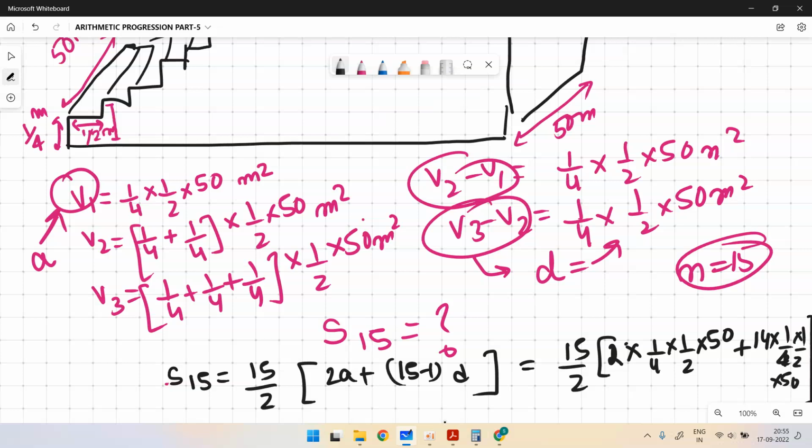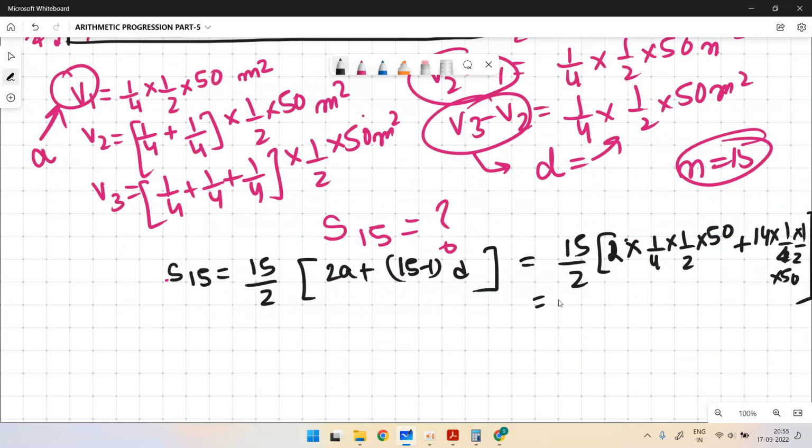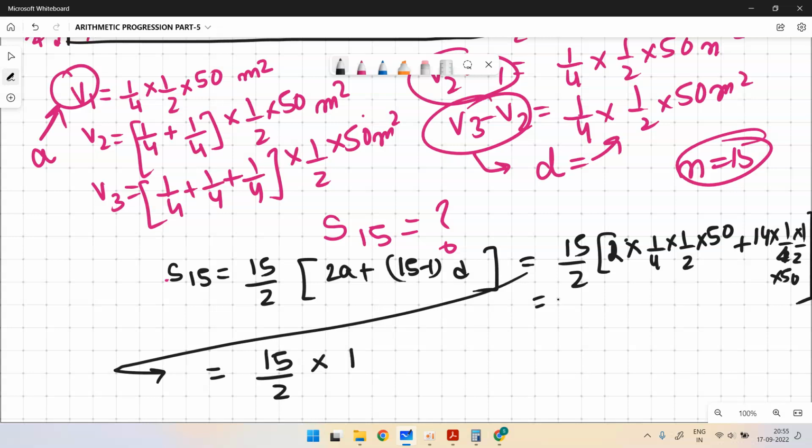I can take 1/4 multiplied by 1/2 into 50 common.